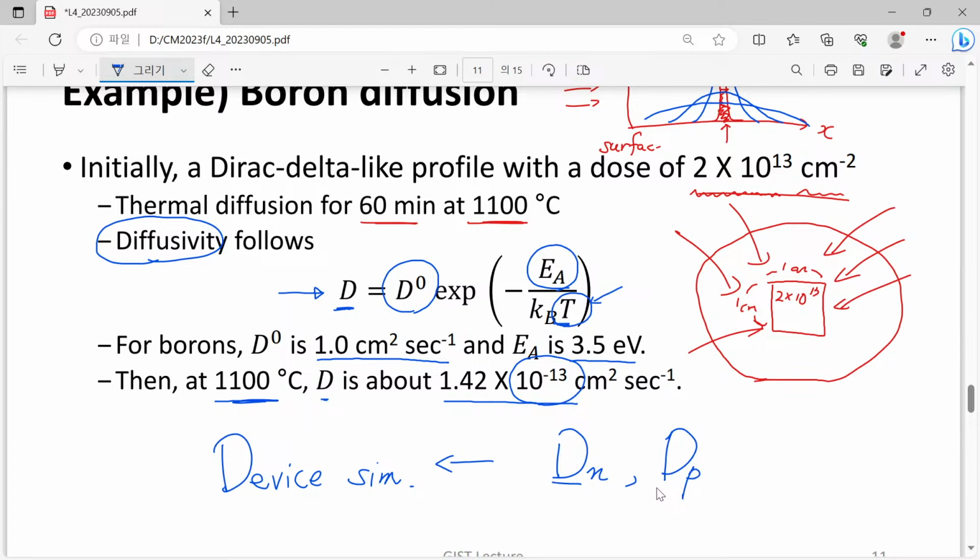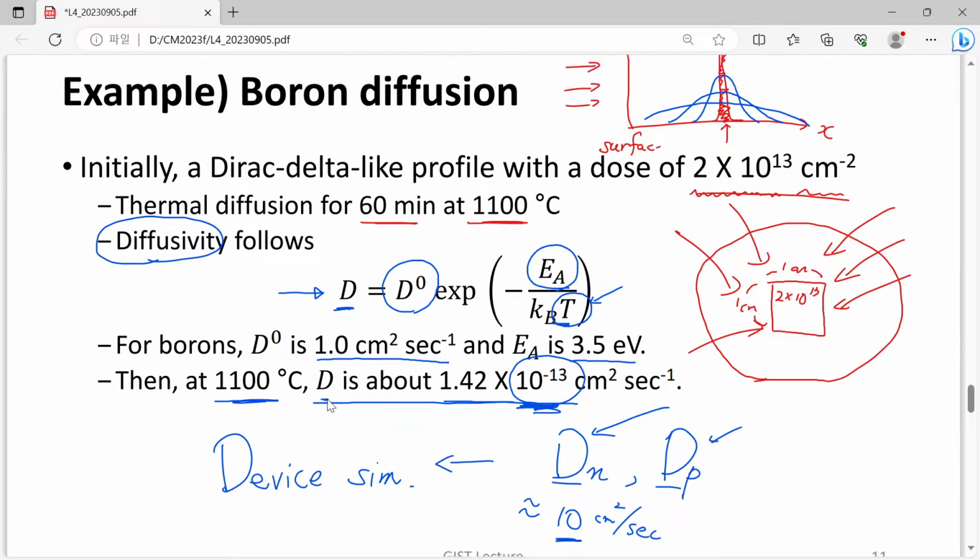It is on the order of 10 square centimeter per second, not exactly 10, but on the order of 10. So when you look at the difference, this one is the motion of impurity atoms, and that one is related to the motion of our mobile carriers, so although both are diffusivities, there is quite a big difference between their values.